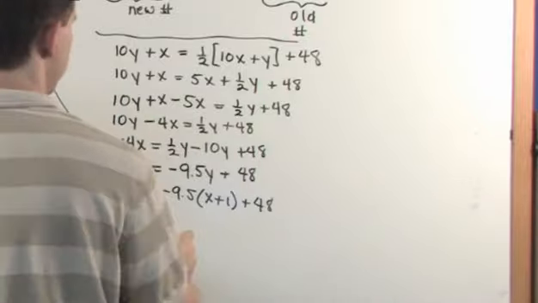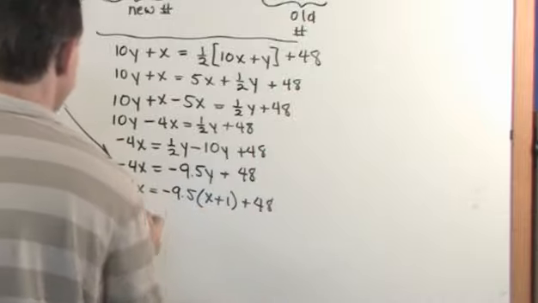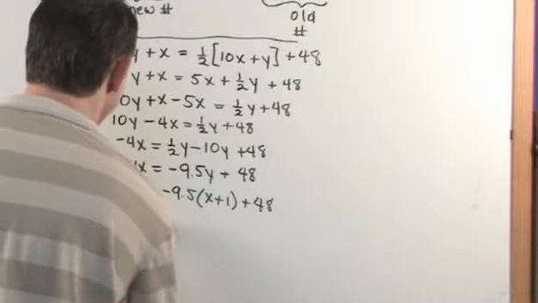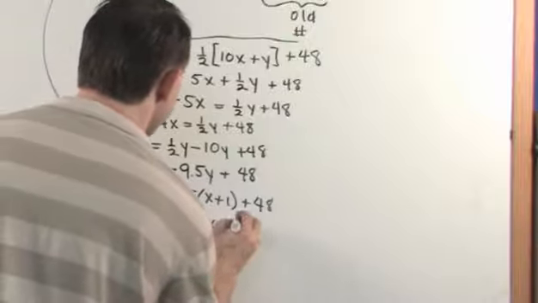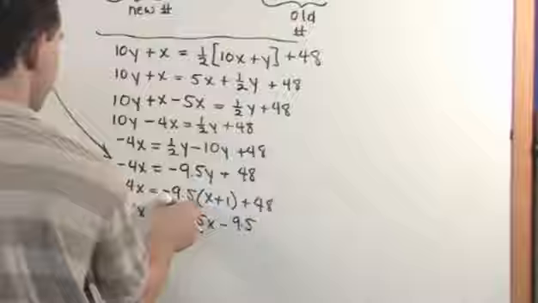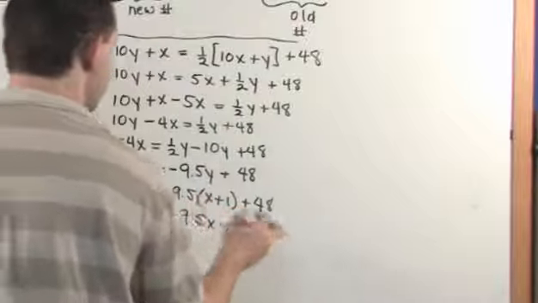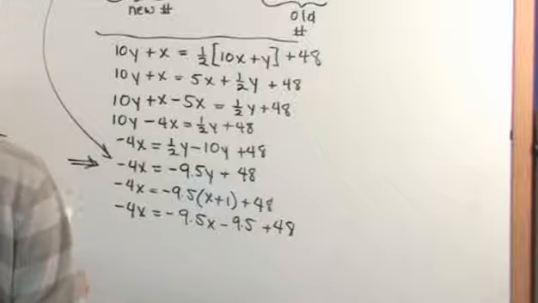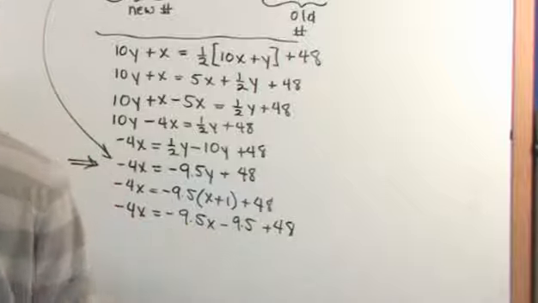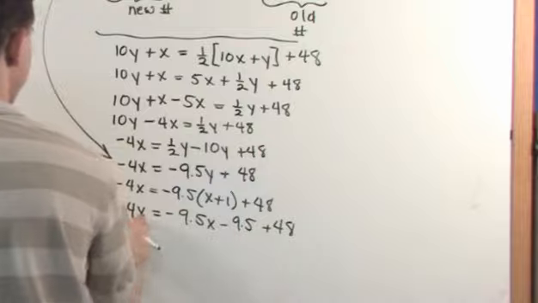And what we're going to do now is solve for x. So negative 4x is equal to negative 9.5x minus 9.5, because negative 9.5 times 1 is negative 9.5, plus 48. Now let's move this 9.5x over onto this side by adding it over here.